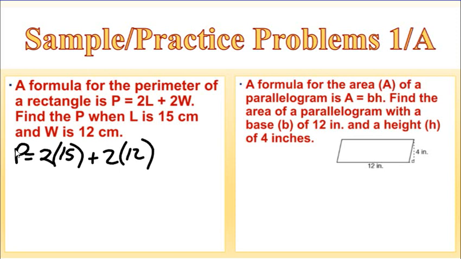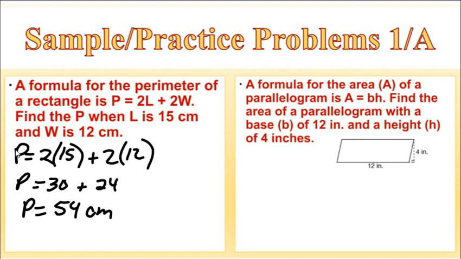We do order of operations, multiplication first. 2 times 15 is 30. 2 times 12 is 24. If you add them together, you get a perimeter of 54 centimeters.